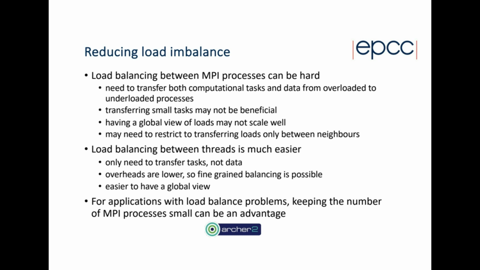But you might not even care about that, because it's very easy to do dynamic load balancing between threads, whereas dynamic load balancing between MPI processes is quite awkward and painful to do.